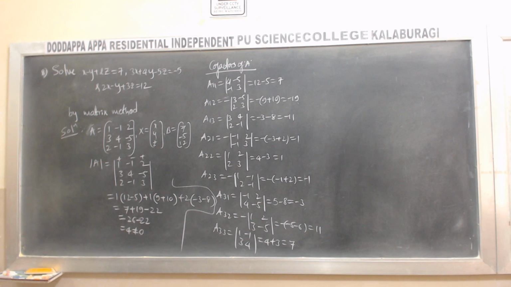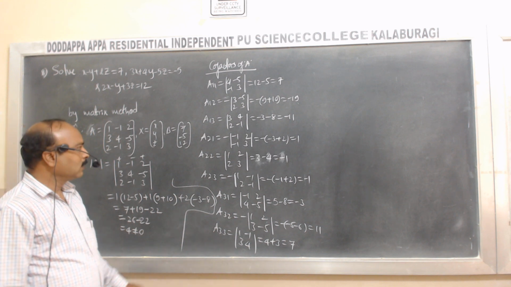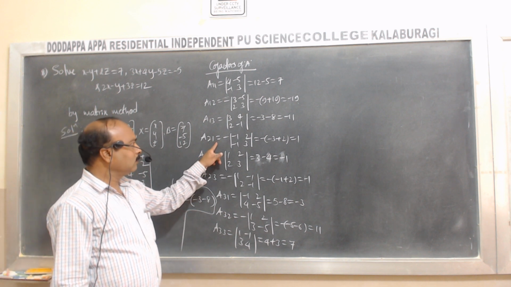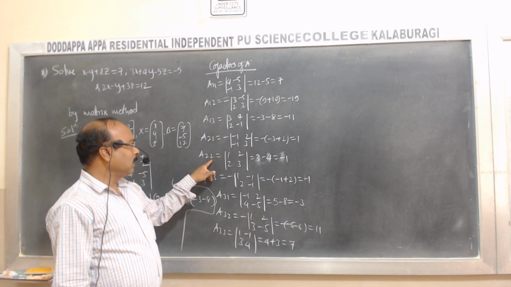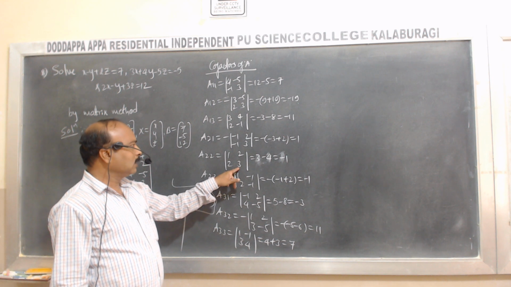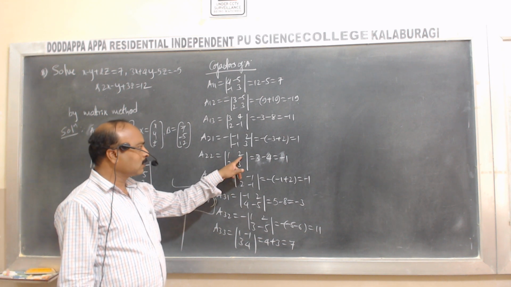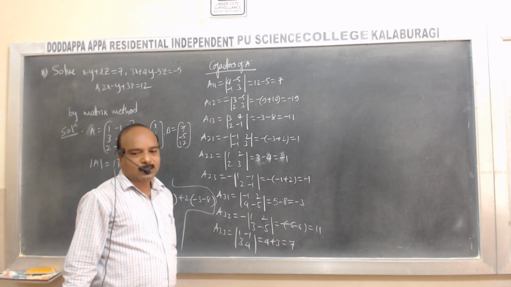Now we go for adjoint and inverse. Now A21 is 1, A22 is 1, 2, 2, 3, it is 3 minus 4, it is minus 1.